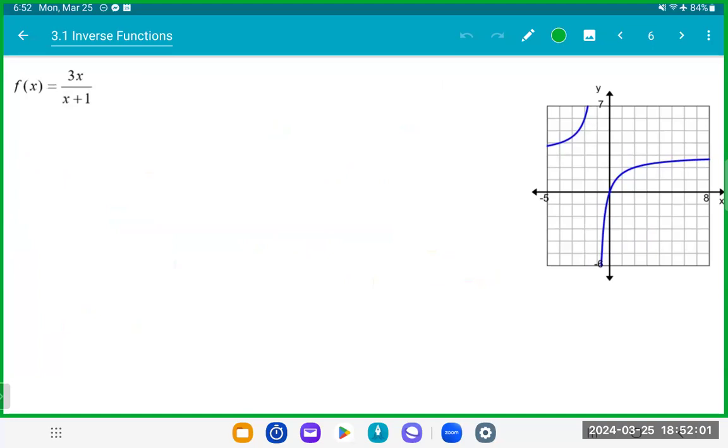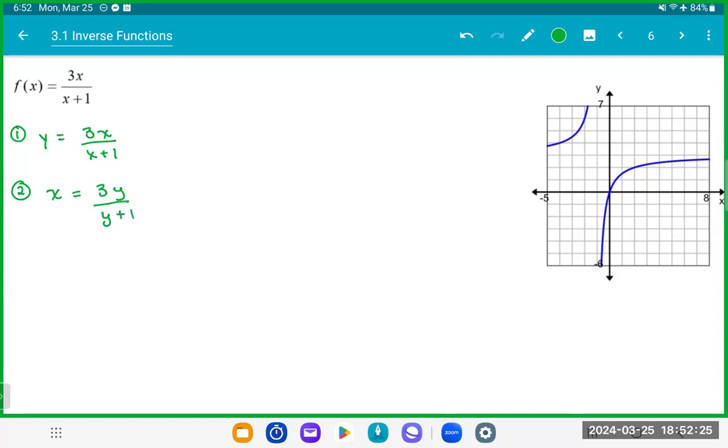Okay, here is another example. So this one, again, step 1, let's just say Y equals 3X over X plus 1. Step 2, let's trade our X's and Y's places. So we have X equals 3Y over Y plus 1.